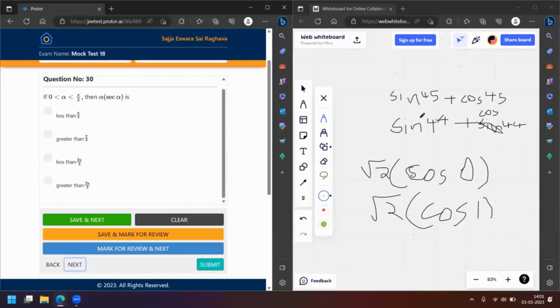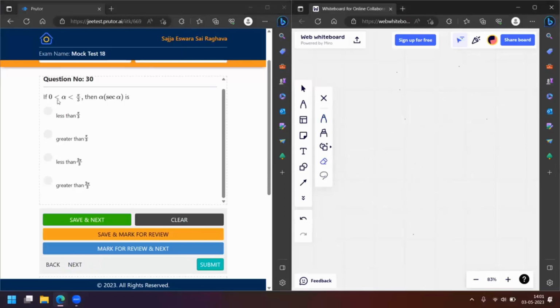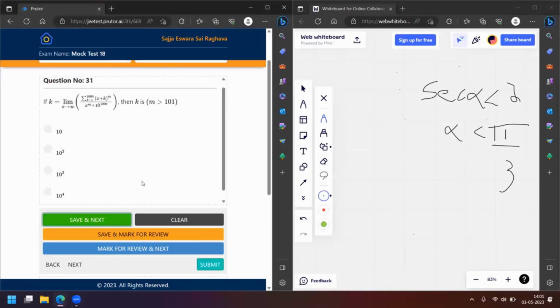So in the range of 0 to pi by 3, obviously alpha is less than pi by 3 in the range. So if we multiply, we'll get alpha secant alpha is less than 2 pi by 3.